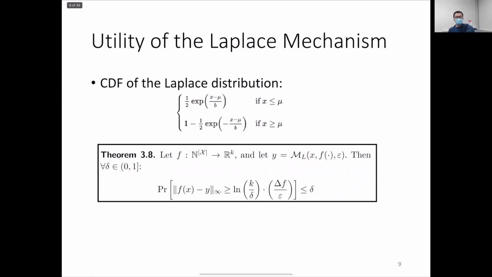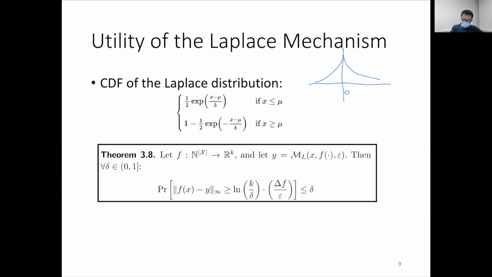All right, so we'll start with the Laplace mechanism. Again, the Laplace mechanism adds Laplace noise to the query on every coordinate. And what does the Laplace noise look like? The density function of the Laplace noise looks like the following. It's a double-sided exponential distribution with a pointy tip in the middle.